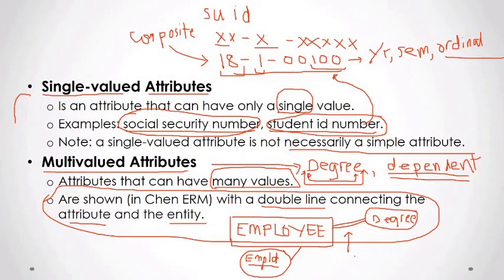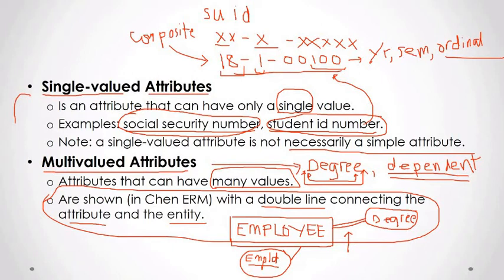It is supported, but there is a but there. If you think that that particular attribute is multi-valued, then you have to break it before you put it in your diagram.